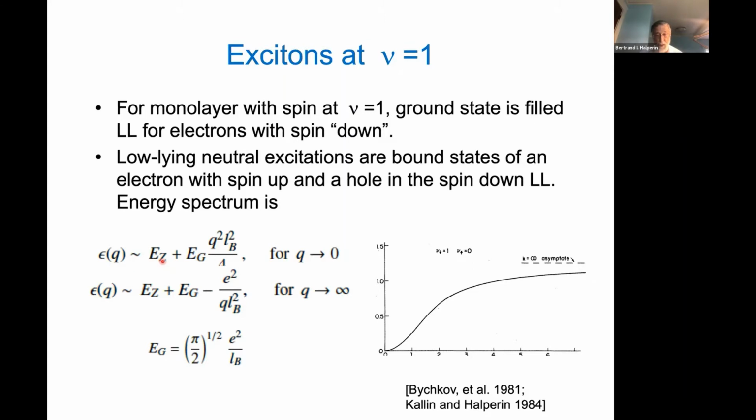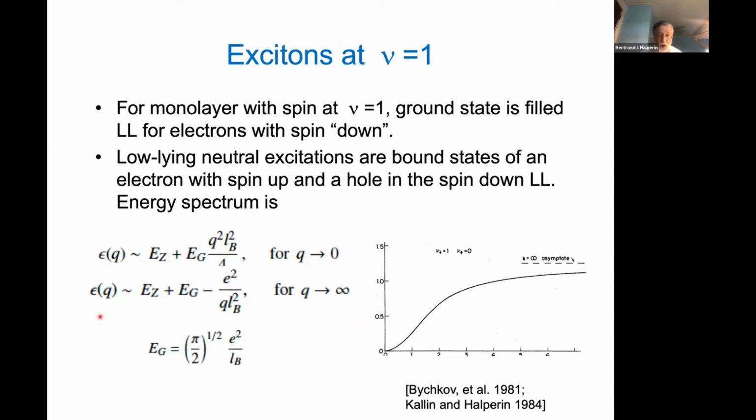It starts at the Zeeman frequency, and then it has a quadratic form, Q squared LB squared times this EG, and I'm not sure what that lambda is, I think it should have been a pi, but I'm not sure what happened in there. But anyway, it's quadratic as Q goes to 0.